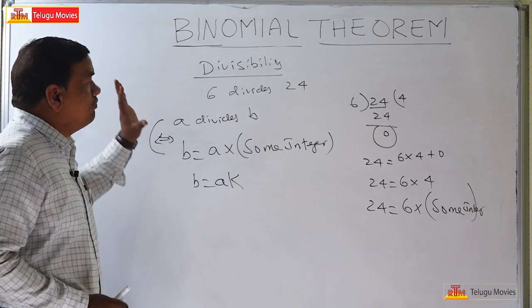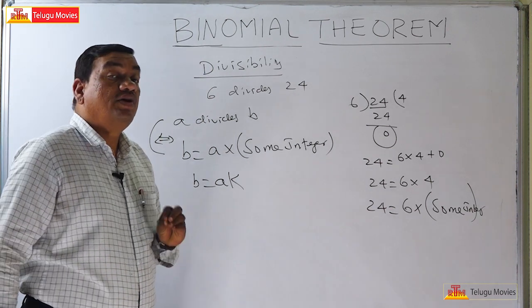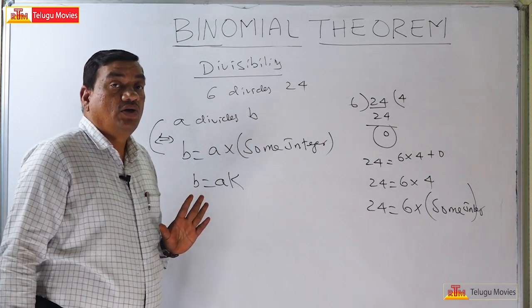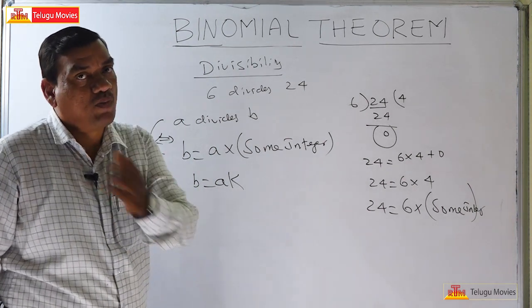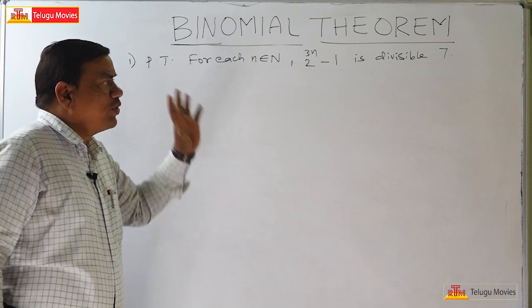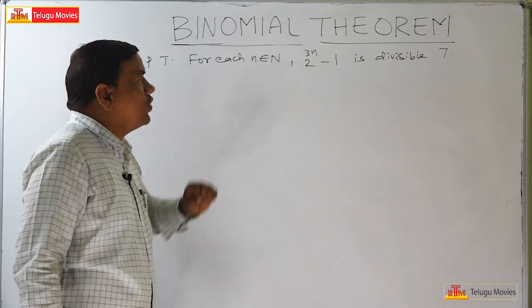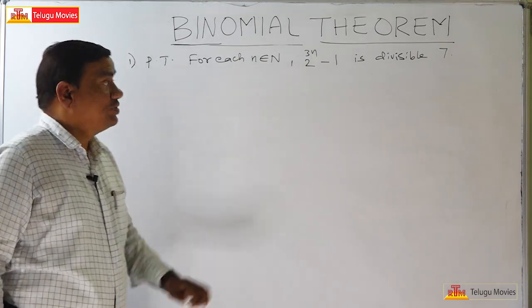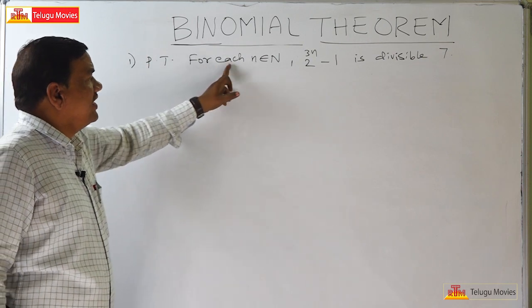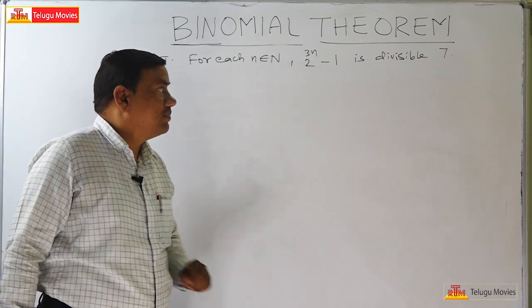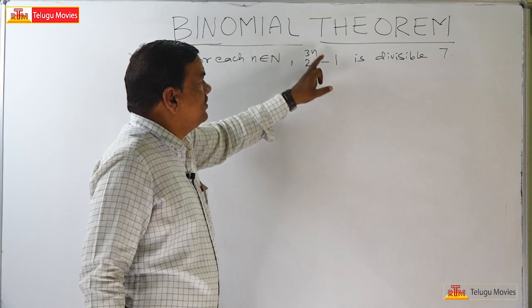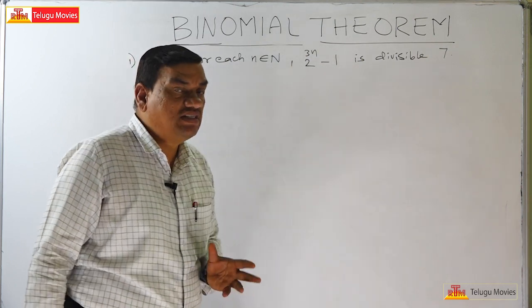Based on this, we have very important problems. Let us see those problems. Welcome back. Based on the concept, we are going to do this problem. Prove that for each n belonging to natural numbers, 2 to the power of 3n minus 1 is divisible by 7.